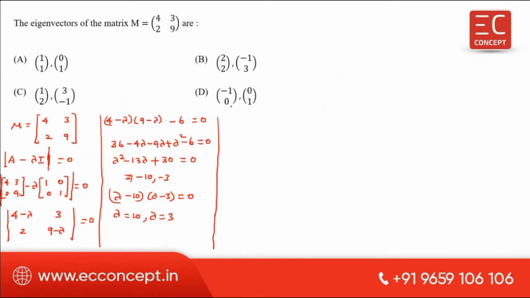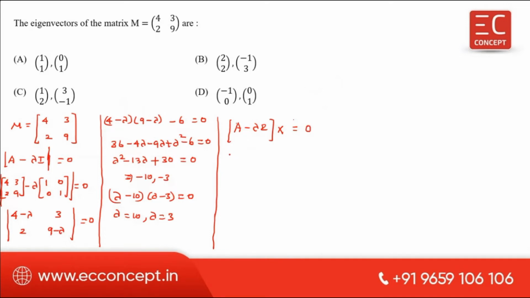Eigenvector calculation. You got the eigenvalues, right? So for eigenvectors, (matrix A minus lambda I) into X is equal to 0. Now what is A?